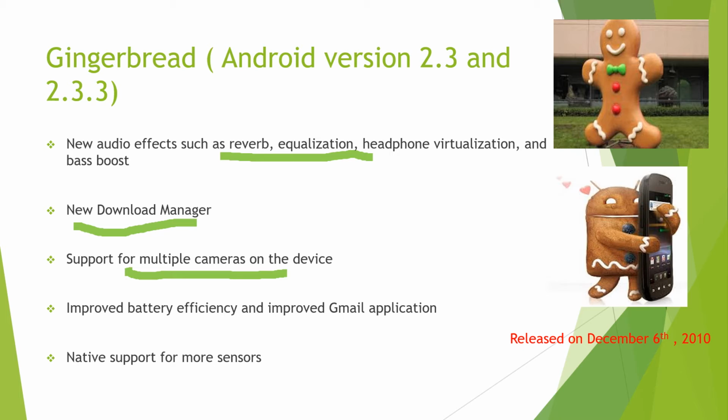So all of us are crazy about taking selfies, and we have to remember that the support for front camera came in Android version Gingerbread. And the other features were it had improved battery efficiencies and improved Gmail application, and it also supported many native sensors like gyroscopes and barometers.